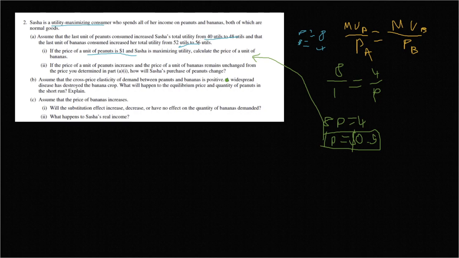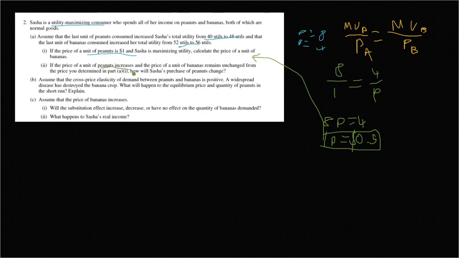The price of peanuts increases, and peanuts are a normal good for her, so she's going to have less technically real income, right?